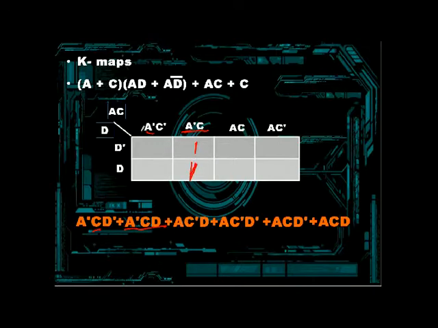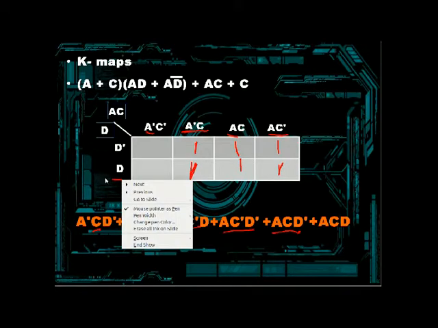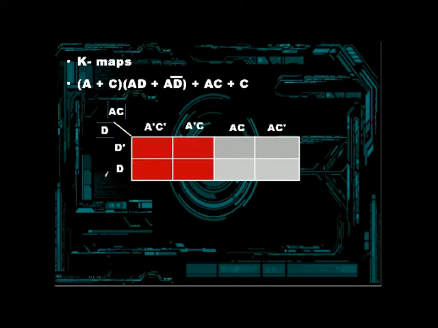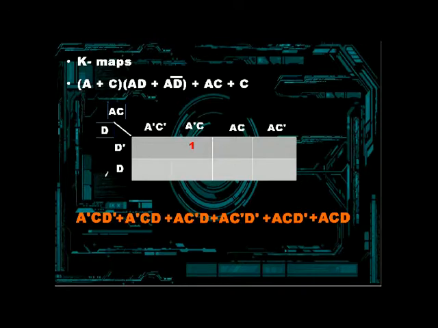Now I have A, C naught, with D, so it's this, so this. Now I have A, C naught with D naught. I have AC with D naught and ACD, which is this. I read those, this and this. So this is the first one.